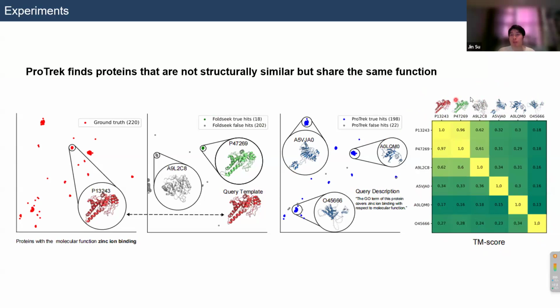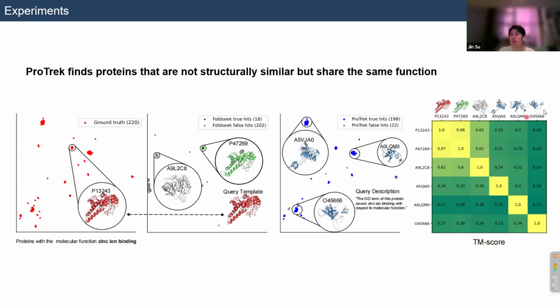You can see the proteins found by ProTrek have relatively high TM scores. However, this protein, for example, is not true. This protein does not have the function zinc ion binding. However, Foldseek retrieved it because it has a high TM score with the query template.